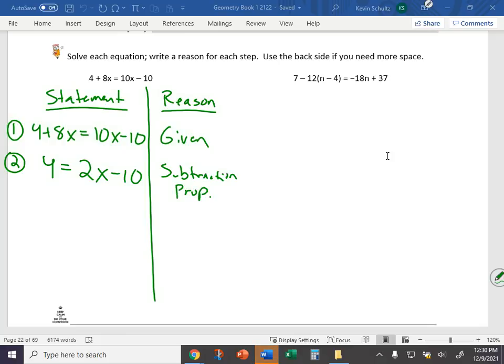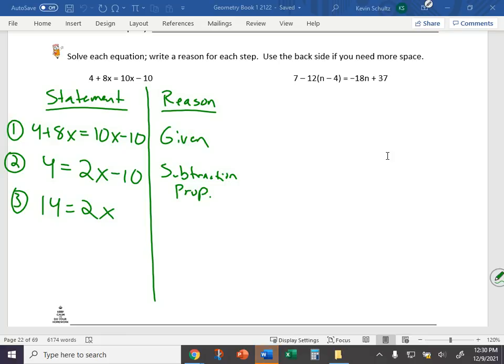Okay. Yeah. 14 equals 2x. Sure. Our next step would be 14 equals 2x. Why are we able to say that? What do we do? James. We add a 10, so what property says that that is legal?